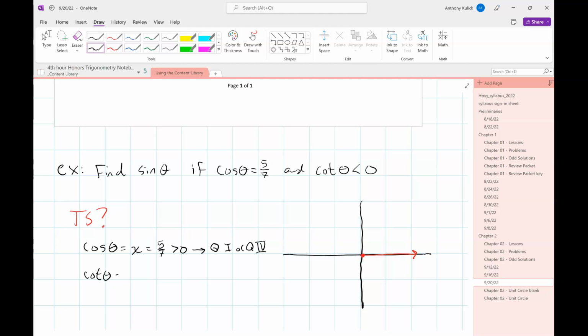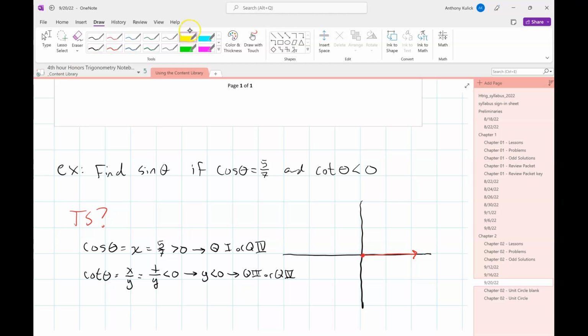Cotangent is equal to x over y. We've already established that x is positive. So a positive over y giving me negative implies that y is negative. So that means we'd have to be in quadrant 3 or quadrant 4.